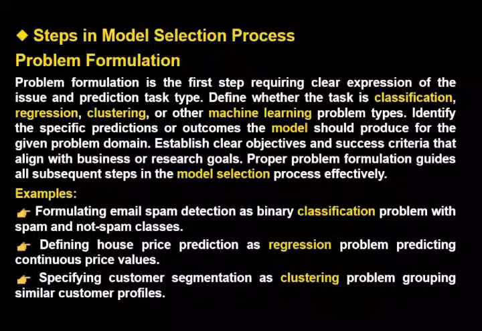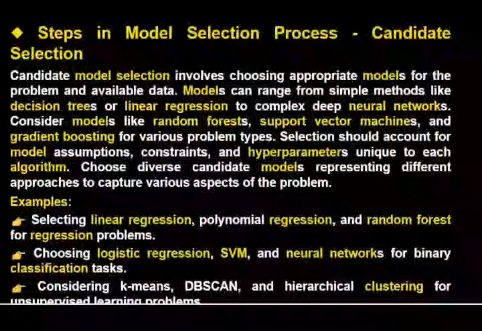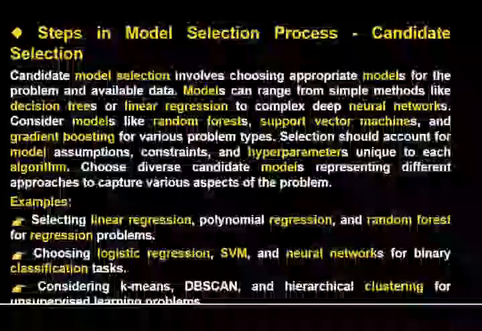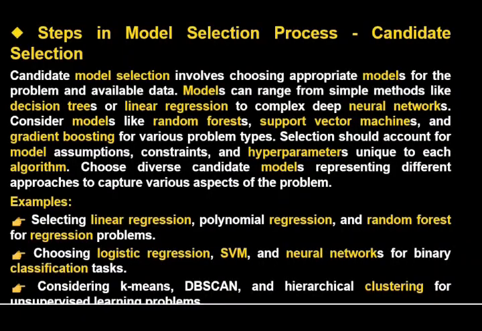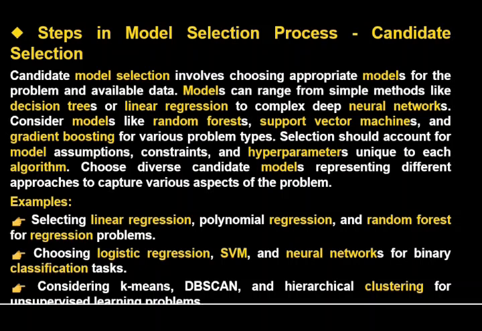The next one, steps in model selection process, candidate selection. After defining the problem, the next step is candidate model selection. In this step, we choose a set of potential models that can solve the problem.